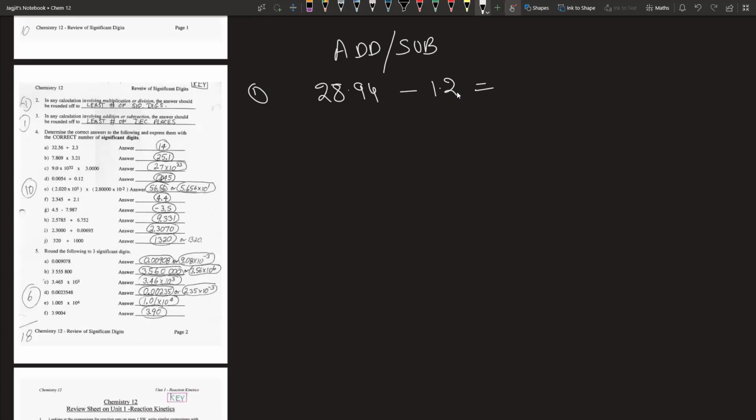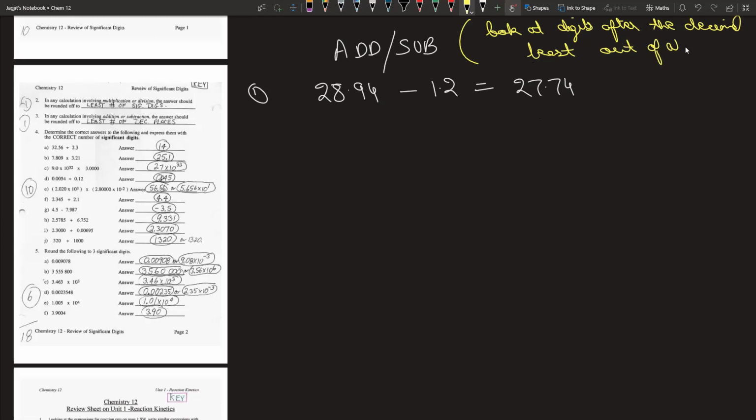So you say 28.94 minus 1.2. It gives you 27.74. But when it comes to plus and minus, you look at digits after the decimal, and obviously you use the least out of all.